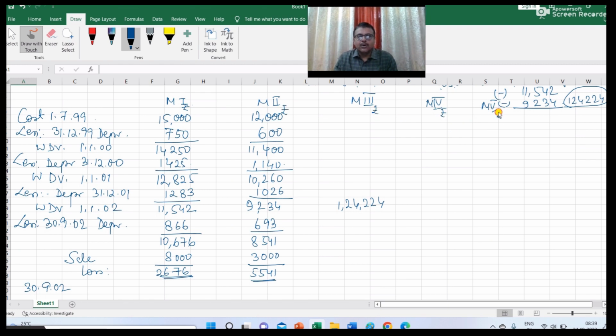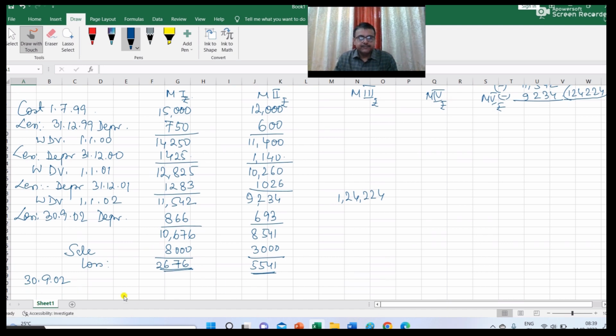So the cost of M4 is 20,000 and M5 is 15,000. So the two machines which were sold on 30th September 2002 were replaced by two new machines M4 and M5 for rupees 20,000 and 15,000.